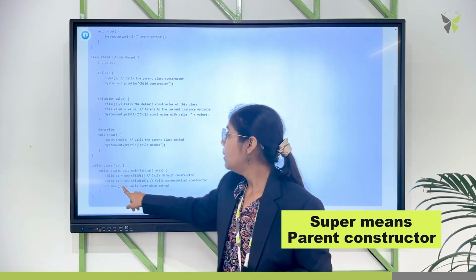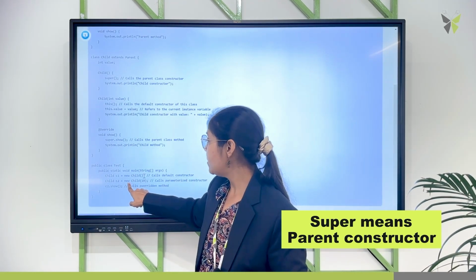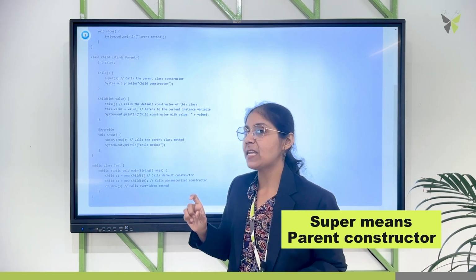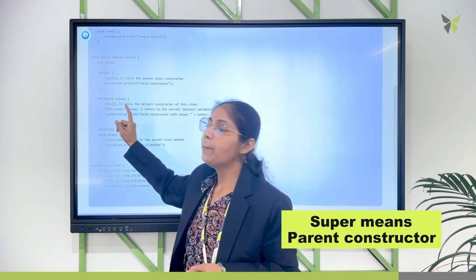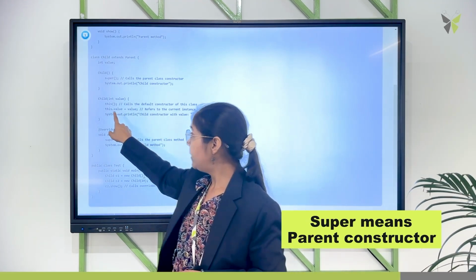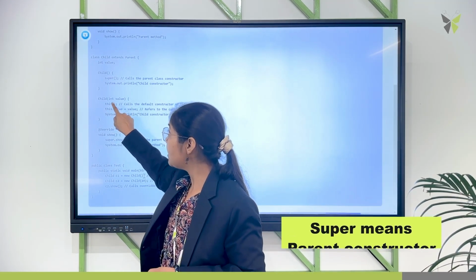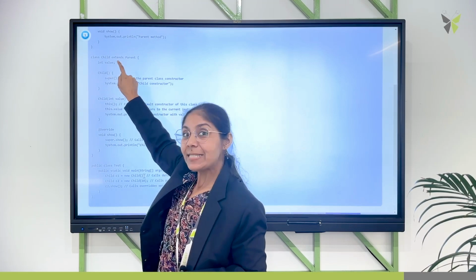Then we have created another object, new Child with the value 10. This time my parameterized constructor will get called. While calling the parameterized constructor, see here, this is used to call my same class's default constructor. But in the default constructor, once again the super constructor is getting called.